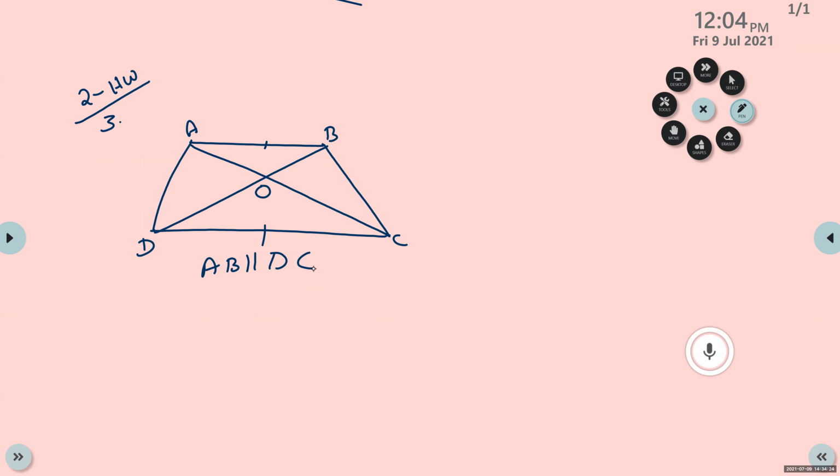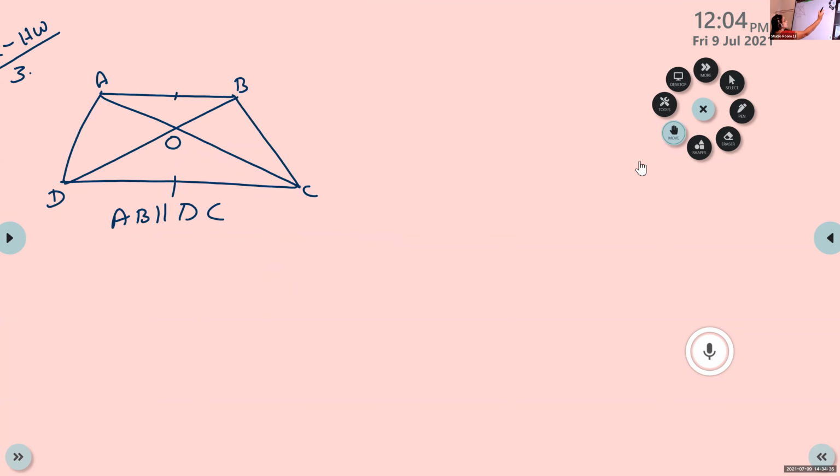Using BPT we have already proved this question. So here again we need to use similarity of triangles. To prove: OA by OC equal to OB by OD. Okay, this is our question.